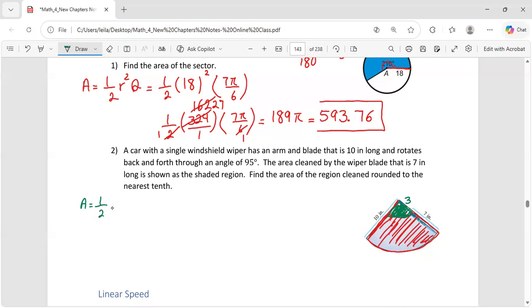Using the same formula for the area of a sector, we know that the radius is 3 and the angle is 95 degrees, but degrees must be converted to radians. If we convert 95 degrees to radians, we get 19 pi over 36.